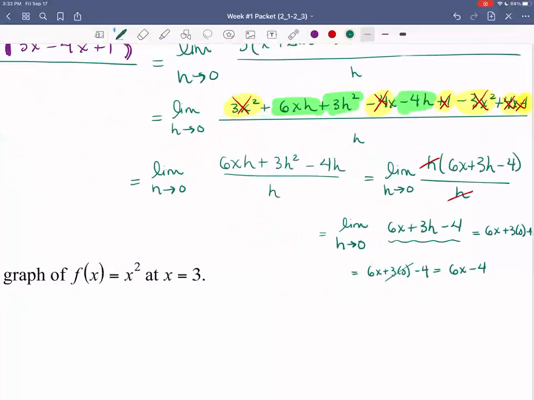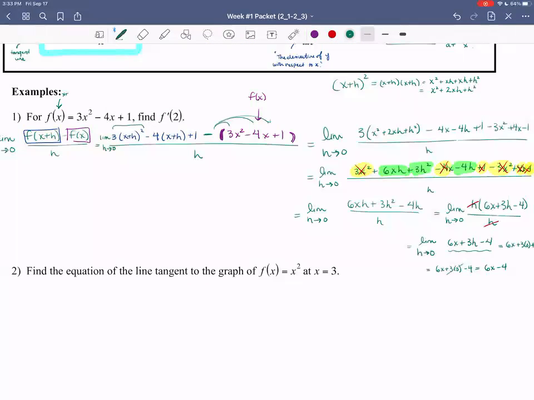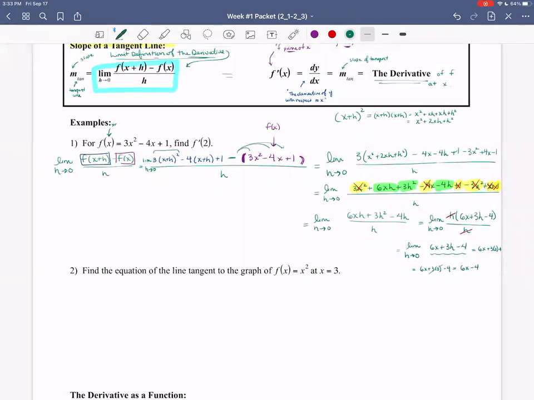Now we can take a step back and look at what we've been able to complete. What you'll notice is that we computed from the beginning this limit, we computed f prime of x. So we actually computed the derivative of our function at any point x. And that derivative, what we found was f prime of x, after we did all of this beautiful work with the limit, is equal to 6x minus 4.